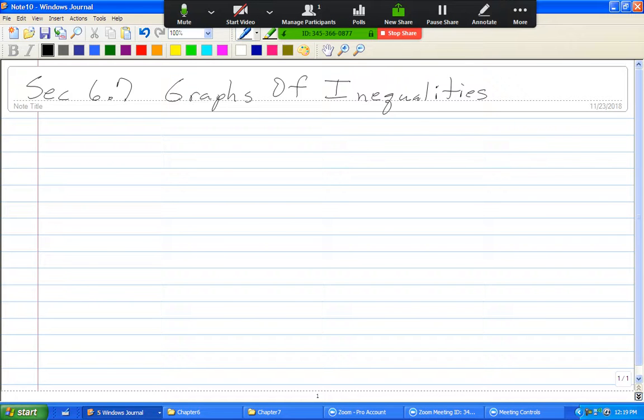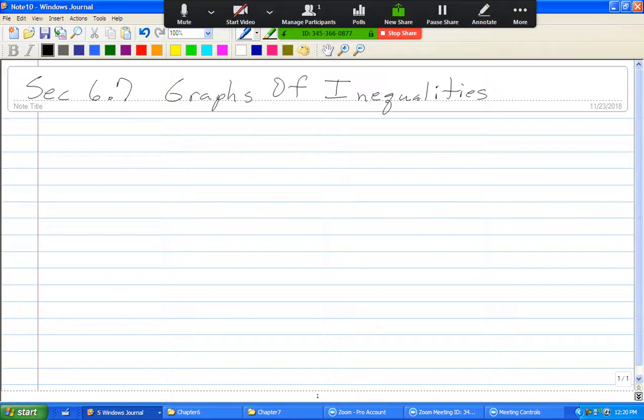Okay, so first, standard form. So we're going to graph inequalities, linear inequalities, in two variables. Oh, and inequalities that aren't.